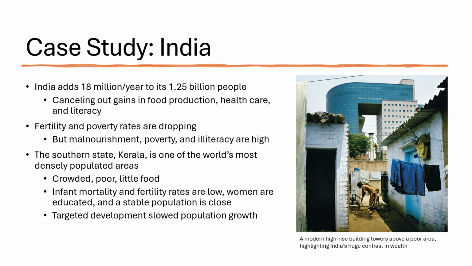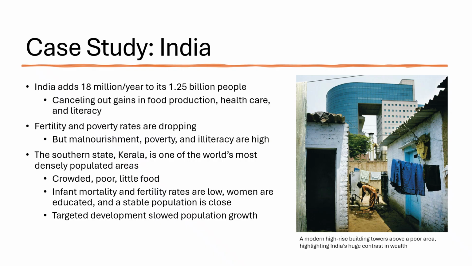So India was getting very, very close to falling into the poverty trap with such a large population. Fertility and poverty rates today are dropping, but the country is still dealing with other issues such as malnourishment, poverty, and illiteracy.